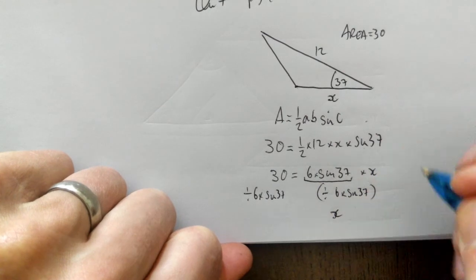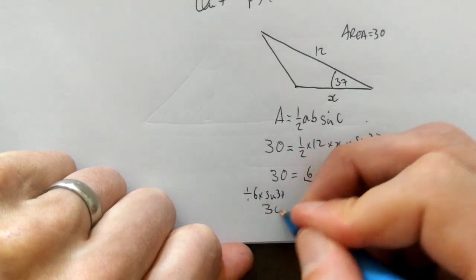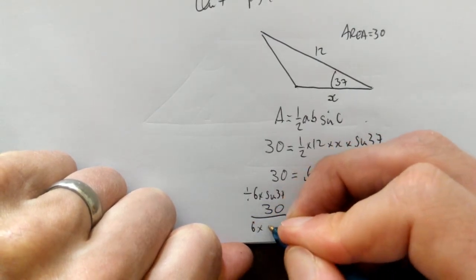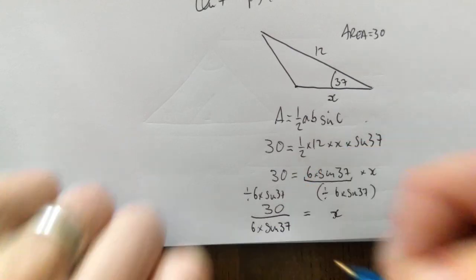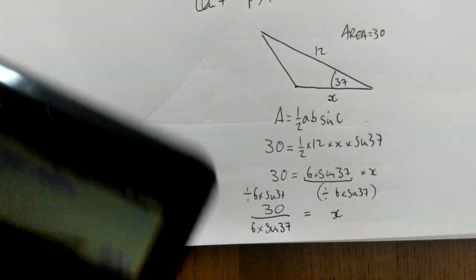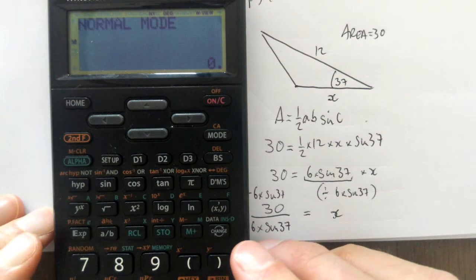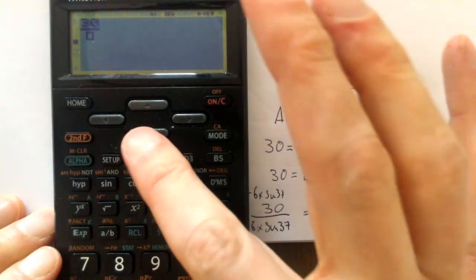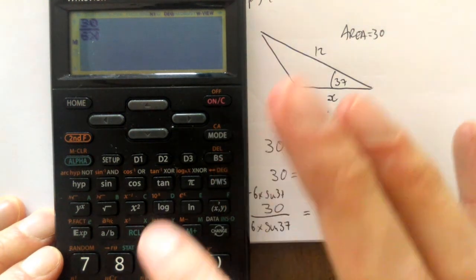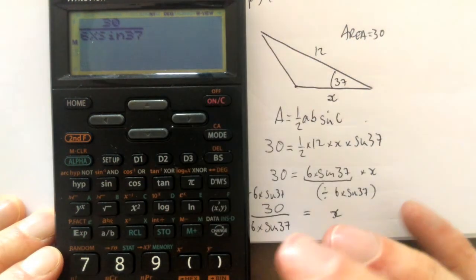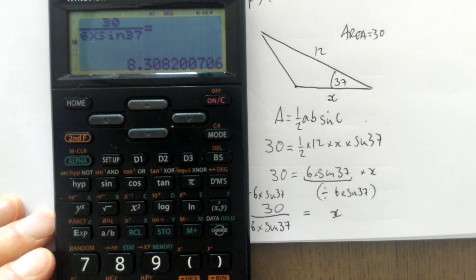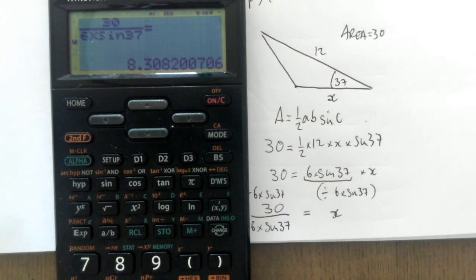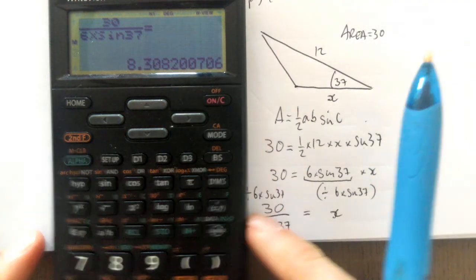We get x is equal to 30 over 6 times sine 37. Okay, 8.3. Let's check the question to see if it gives us a decimal place. It says one decimal place, so 8.3 meters.